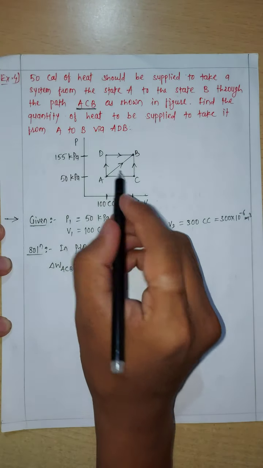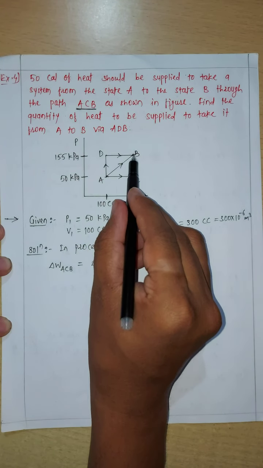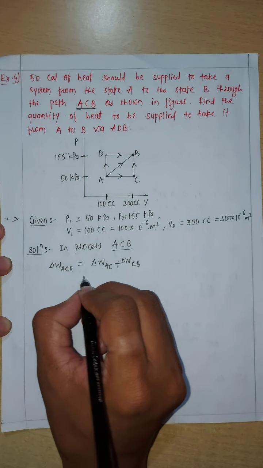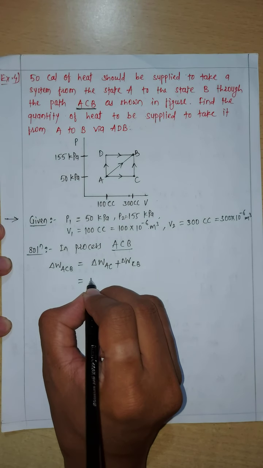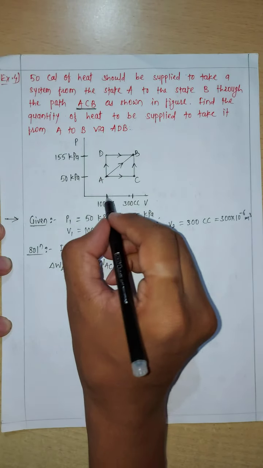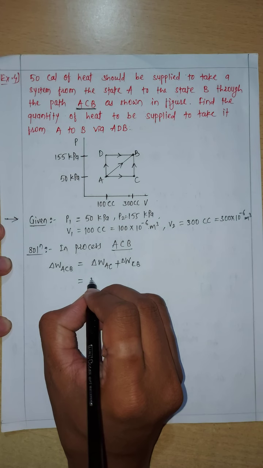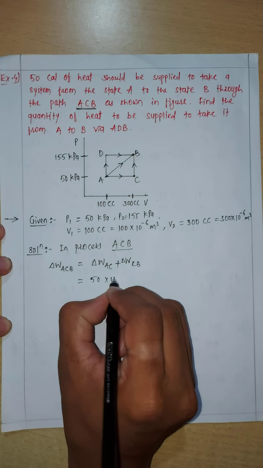B. Okay, पहले यहाँ से यहाँ तक और फिर यहाँ से यहाँ तक कितना अमाउंट ऑफ वर्क लगा, that will give you total ACB. So how much for AC, A to C, that will be nothing but your 100 to 300, and that will be suppose 50 into 10 to the power 3.